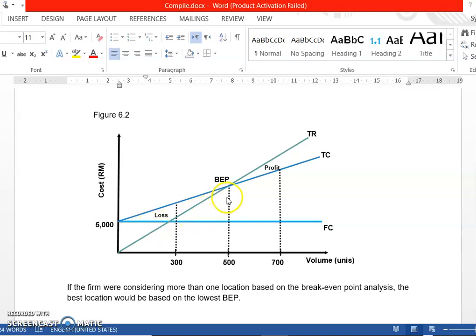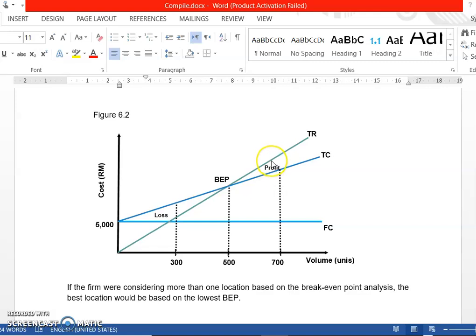Here, if we produce 300 units, we are suffering a loss, where the total cost is higher than total revenue. If we produce 700 units, the total revenue line is higher than the total cost.